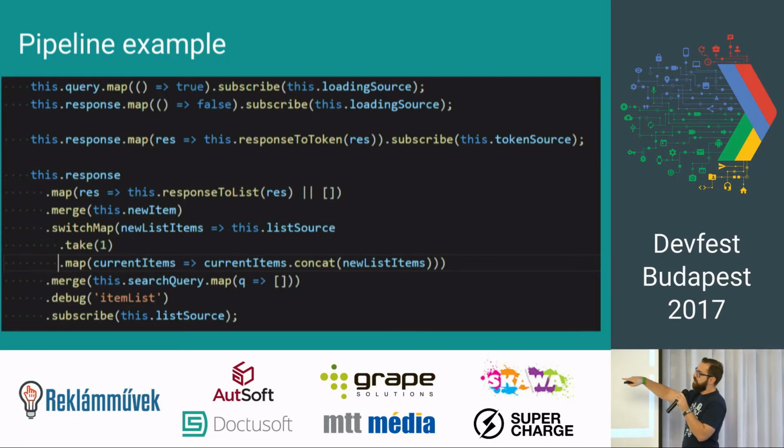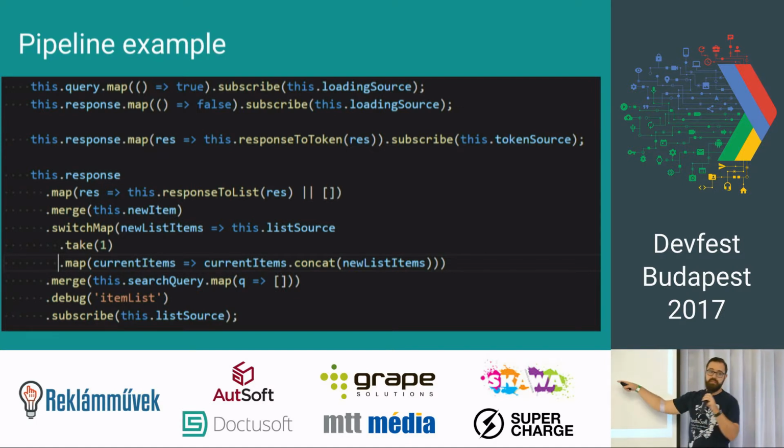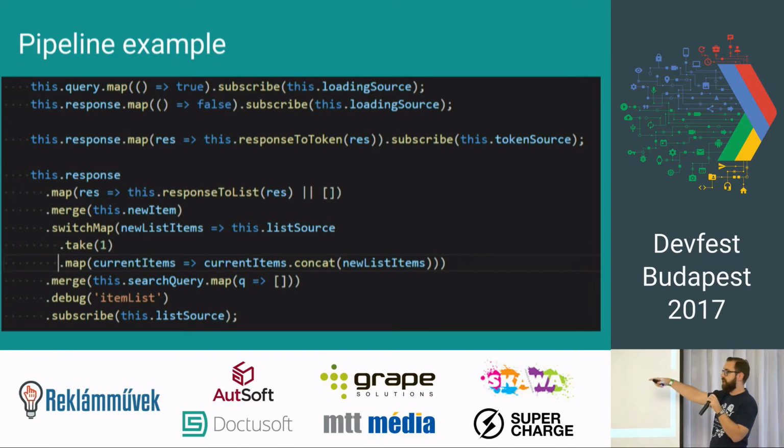And we say, okay, then let's have our list source that contains the item list, and we take one. We take the last one, and then concatenate it with the new items.